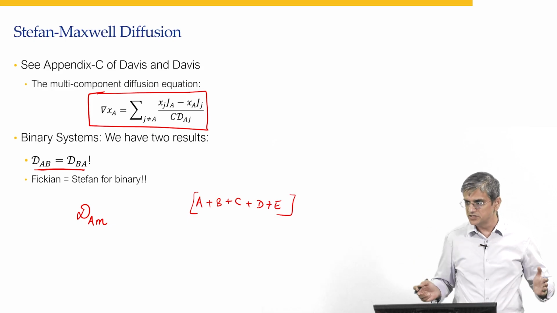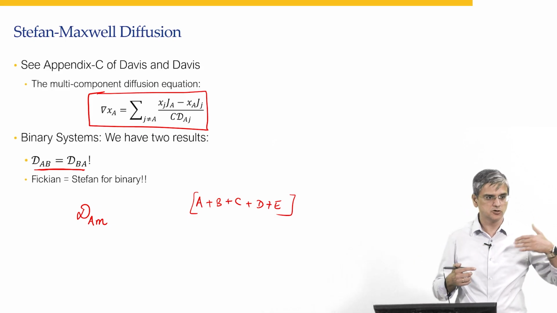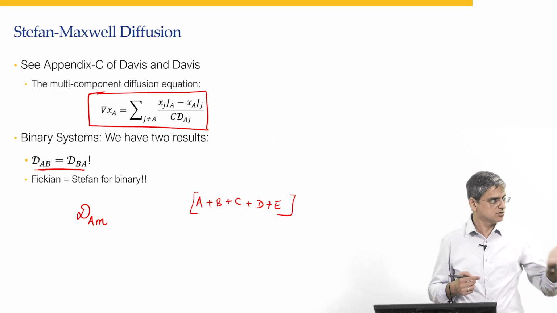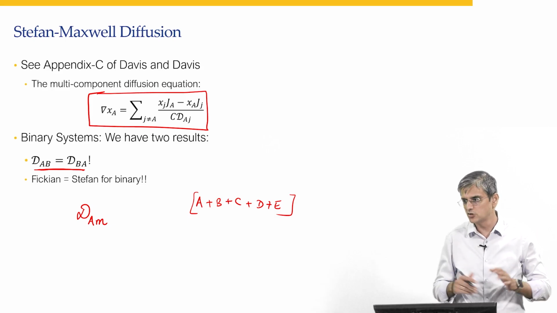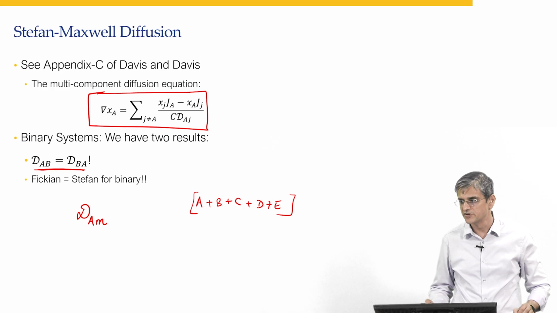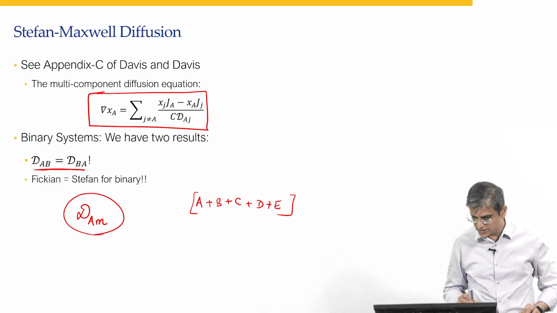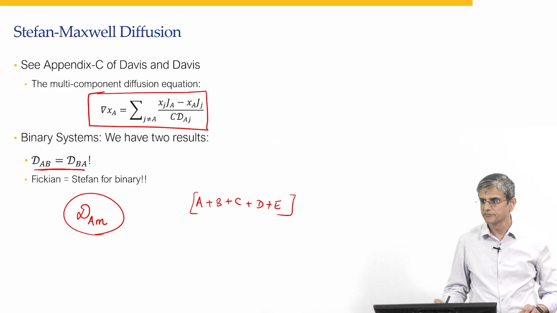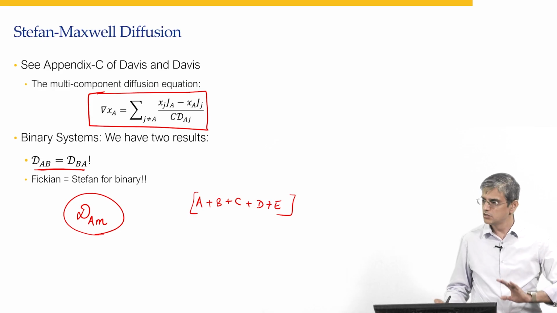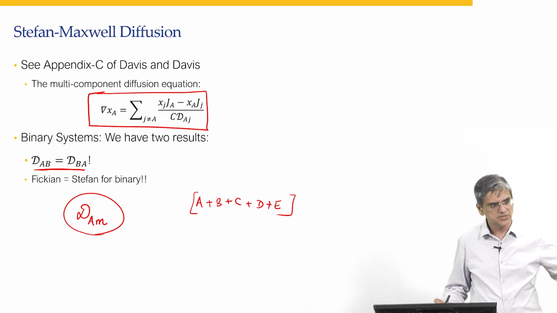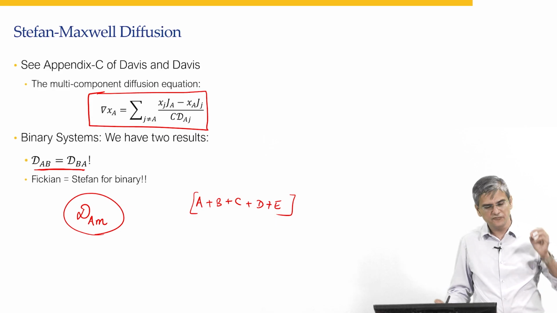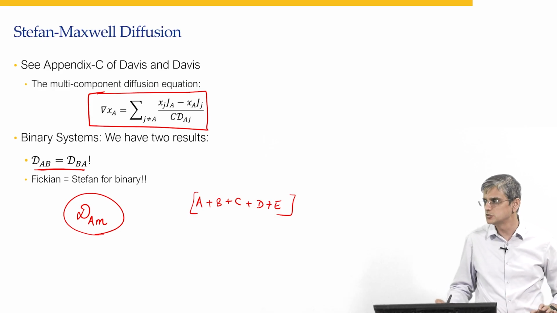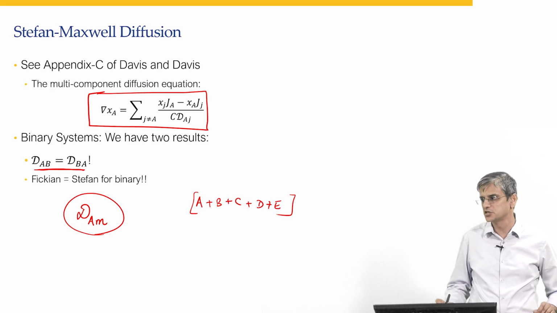And of course, DAB equal to DBA, DAC equal to DCA, DBC equal to DCB. We have skipped the derivation, but it can easily be derived. From all of these you can compute DAM. Once you compute DAM, you can use your Fick's law for 90% of the cases. You will not be able to use Fick's law in a few cases, but in 90% of the cases you will be able to use Fick's law if you use a mixture average diffusivity.